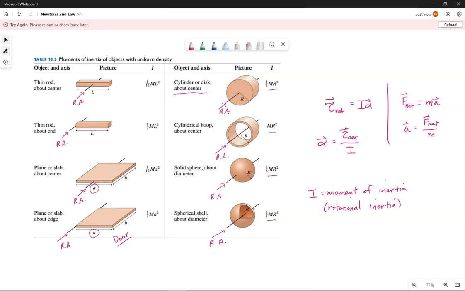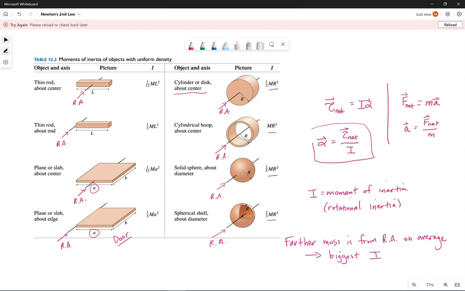So the farther the mass is from the rotation axis, on average, the bigger the I.